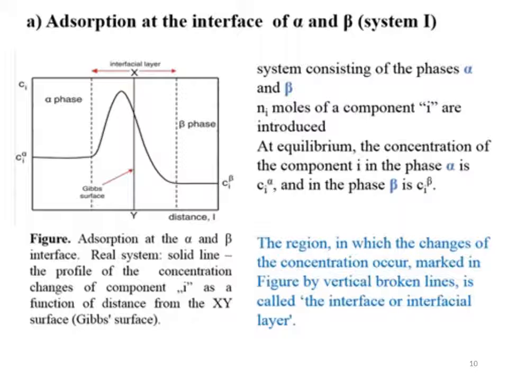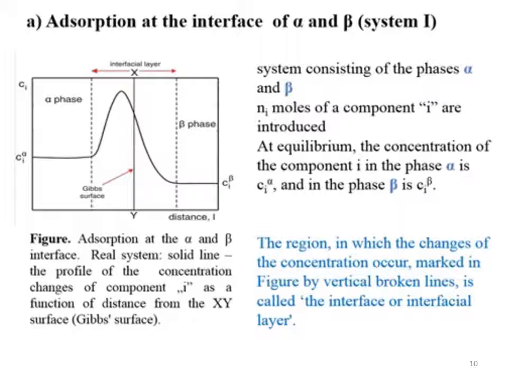Now dear students, we have an example of two phases, alpha and beta, and here we will see how their component concentrations change from one phase to the interfacial layer and from the other phase to the interfacial layer. Let us suppose two phases: first is the alpha phase, the other is the beta phase.